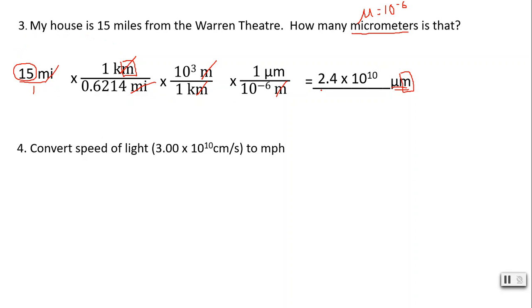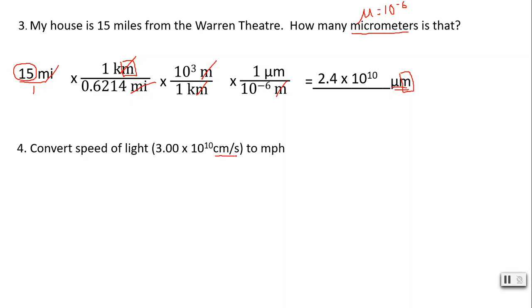So in this problem, we made use of several conversion factors or equivalencies. It'll be a similar situation in number 4, but hopefully you see something different in number 4 that we haven't seen yet in a problem, at least with these first 3.